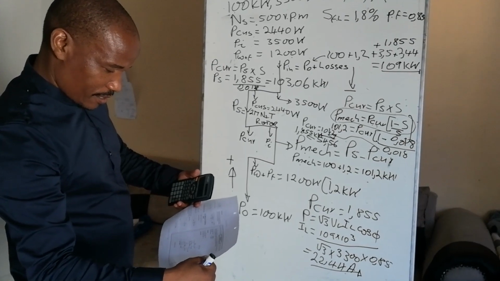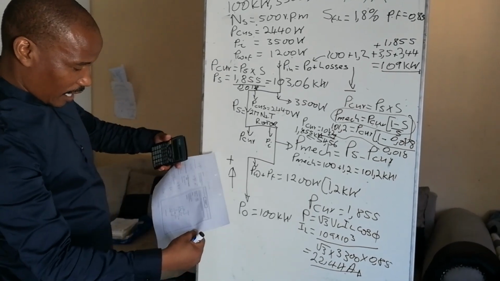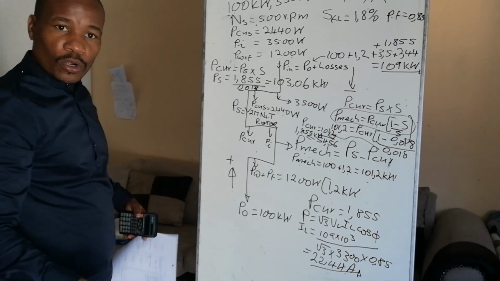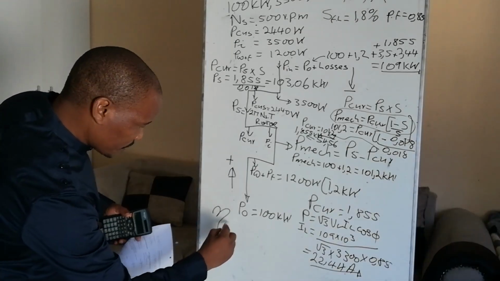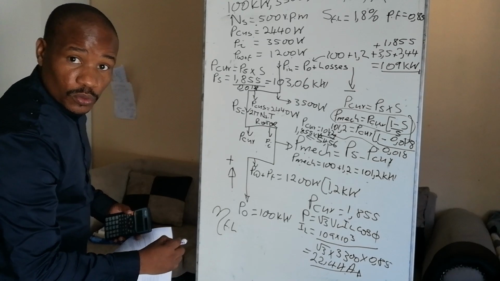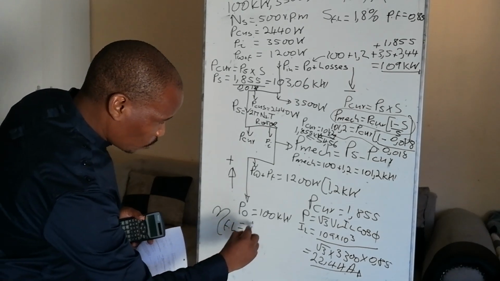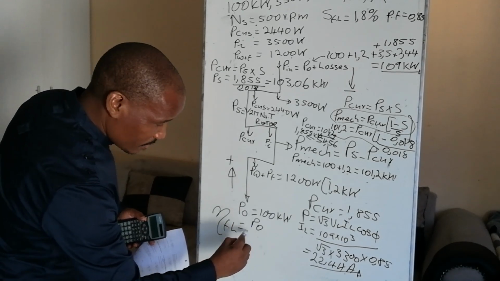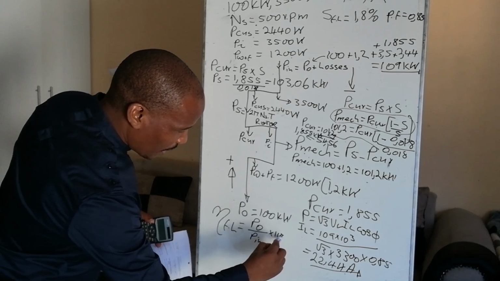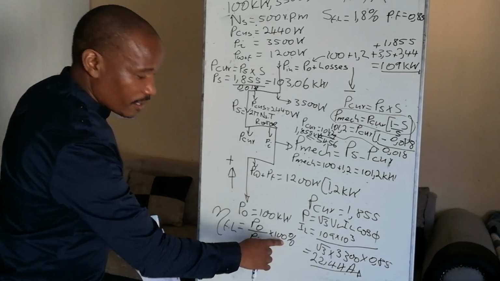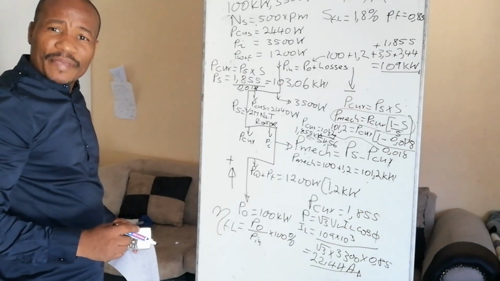And then they say calculate the full load efficiency. The efficiency at full load is equal to the output power over the input power multiplied by 100%. Why? To express it as a percentage.